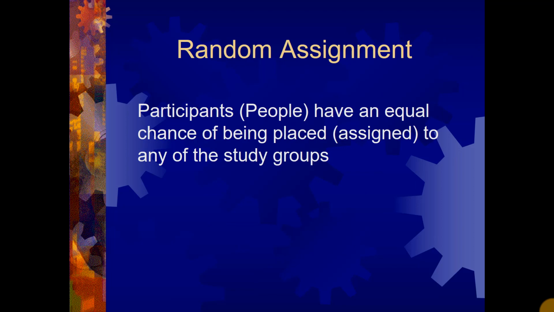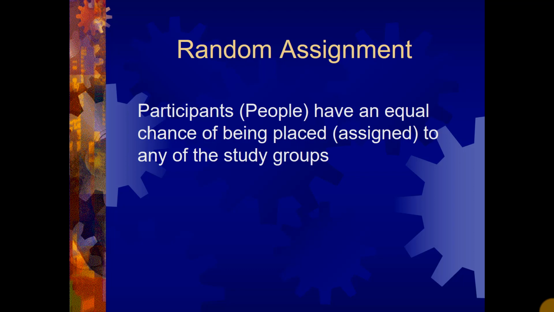Random assignment happens when people have already been selected to be in the study. They have already agreed to be participants, and now, if this was an evaluation of a program, the researcher is going to randomly put one group of people into the experimental group and the other in the control group.